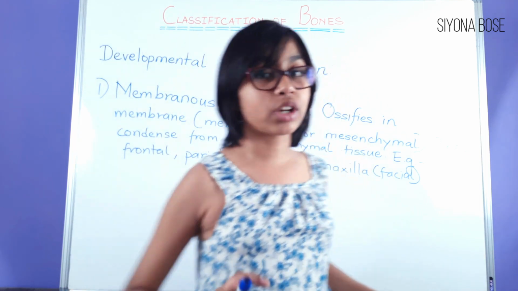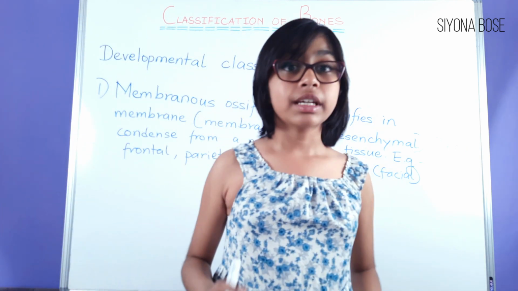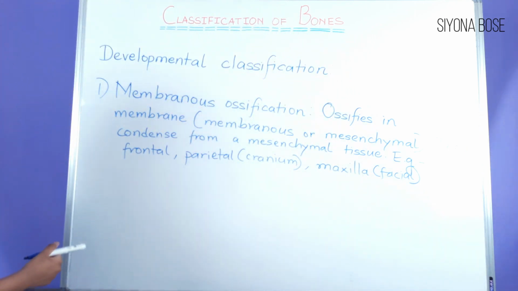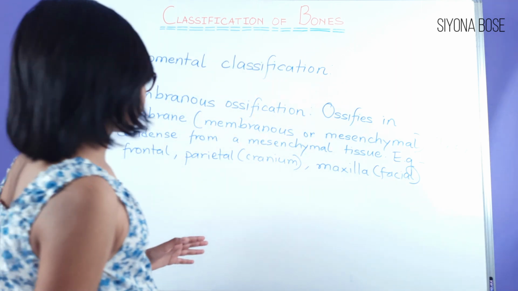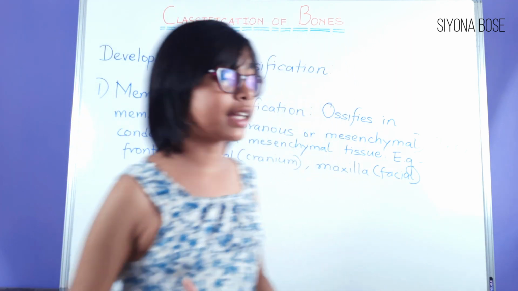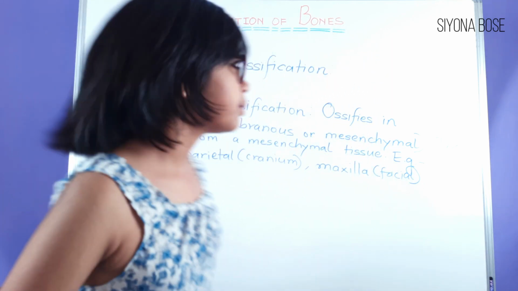Let's revise that one more time. The membranous ossification means the bones which ossify in membrane, that means membranous or mesenchymal. They condense from a mesenchymal tissue. Example, the frontal and parietal bones of the cranium, and the facial bone maxilla.